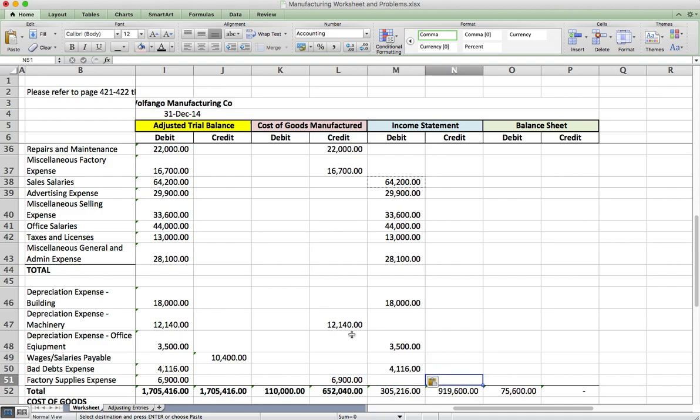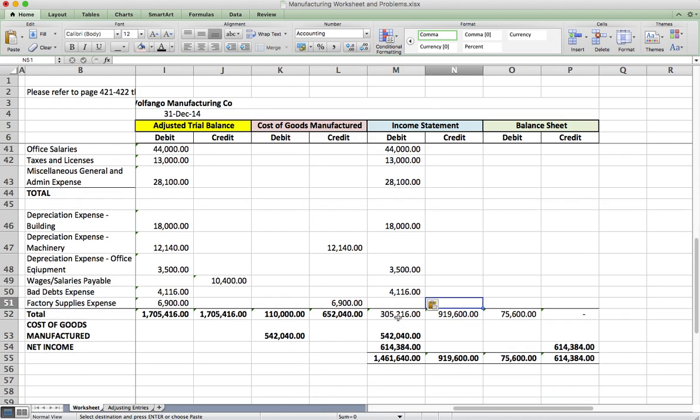So, ang debit side ni income statement ay 305,216. But, including cost of goods sold, we have 847,256. Credit side naman ay 919,600. So, magkano ngayon ang net income?